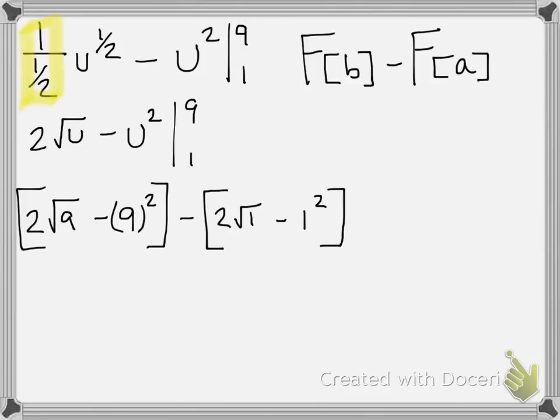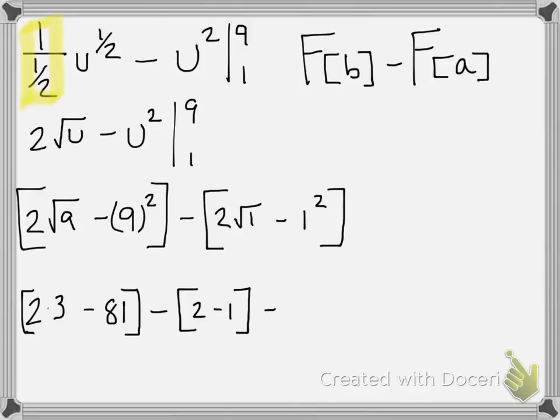So that is going to be 2. The square root of 9 is 3. So it's going to be 2 times 3. Minus 9 squared is 81. Minus the square root of 1 is just 1, so it's going to be 2. Minus, and 1 squared is 1, so it's going to be 1.